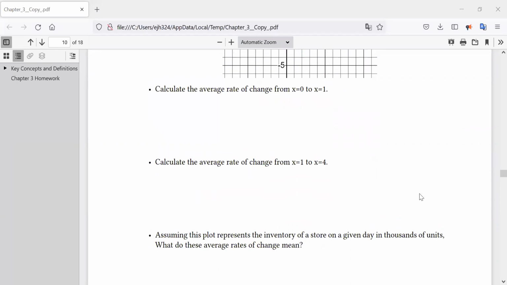Pardon me. How did you go from 3.5 over 3 to 1 and 1/6? It's a good question. So I just broke it up into 3 and 0.5. Both of them are divided by 3, right? So this goes to 1, and this is 1/2 divided by 3, so that's equal to 1/6. I don't expect you to make the jump to that's 1 and 1/6.